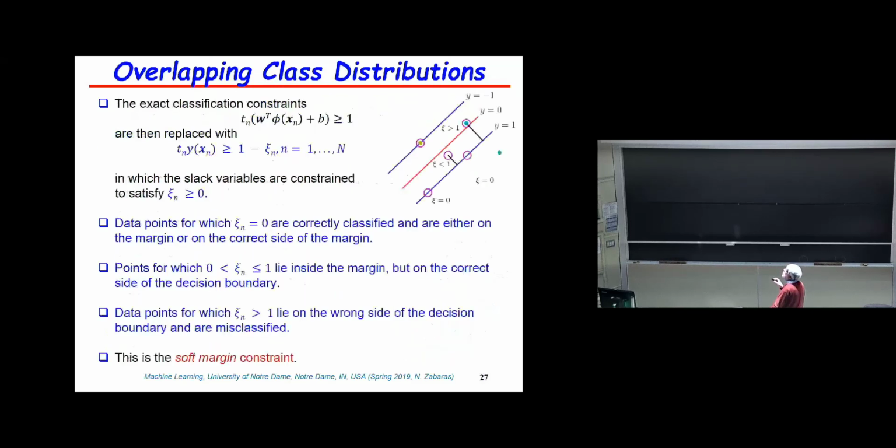So again, on this side everything is equal to 0, even on the margin. On this side of the red line, ξ is less than 1. On the other side, ξ is greater than 1. And these points are classified correctly, and this point is misclassified. And it will give me an error that's proportional to the magnitude of this line that you see, that defines ξ.